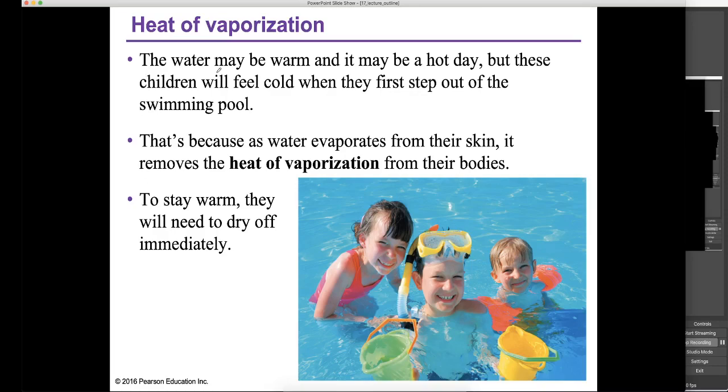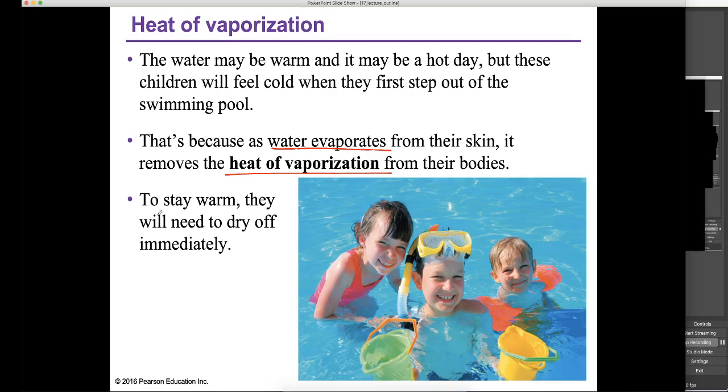The water may be warm and it may be a hot day, but if some kids get out of a swimming pool, they will feel cold because when water evaporates from their skin, it removes the heat of vaporization from their bodies.